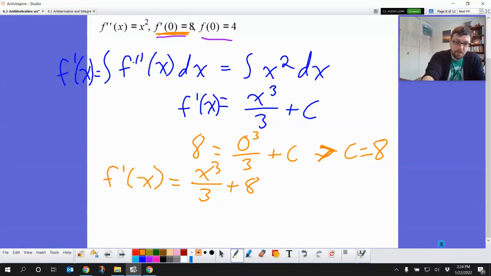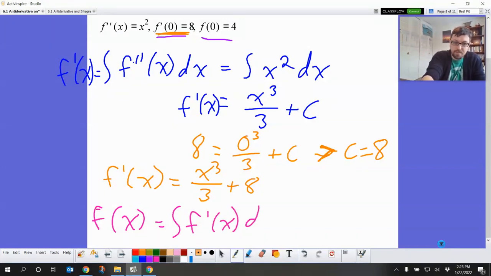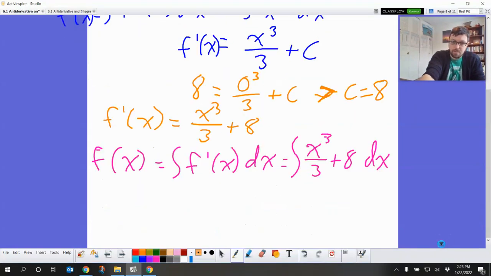Okay. Now we can figure out what the original function was. So f of x is the antiderivative of f prime of x dx. So that's the integral of x cubed over 3 plus 8. Oh, why did I put an x there? Not yet. dx. All right.